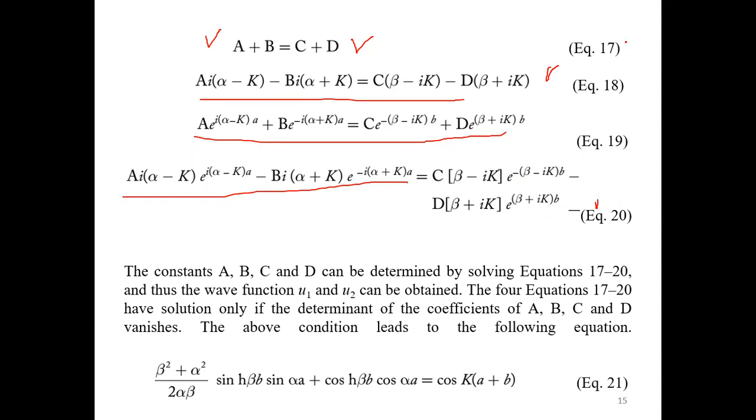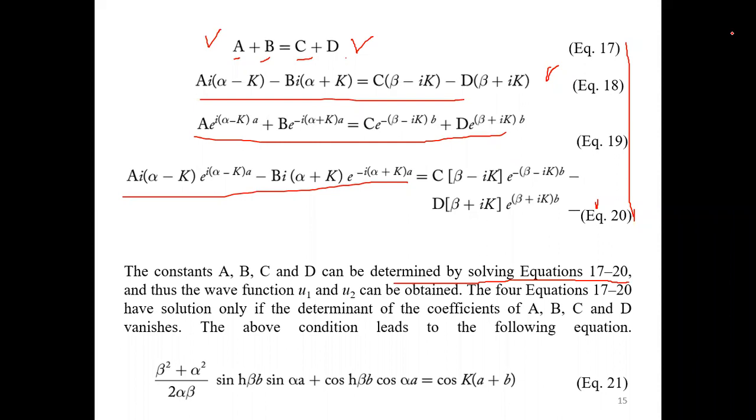So we end up with 4 different equations and 4 unknowns, A, B, C, and D. If we solve them simultaneously, then we can find the values. The constants A, B, C, and D can be determined by solving equations 17, 18, 19, and 20, and thus the wave functions U1 and U2 can be obtained.